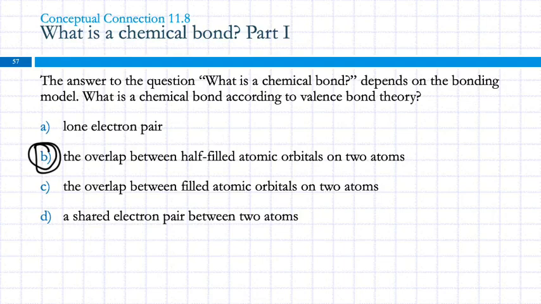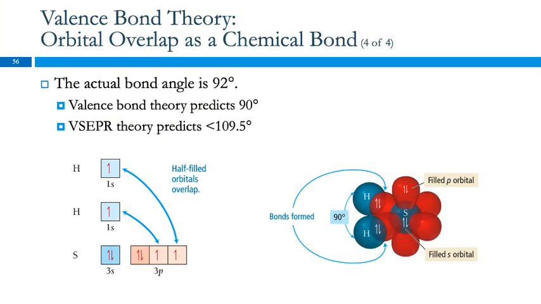The difference between B and D. Well, this is where we're talking about the overlap of half-filled orbitals. Lewis theory doesn't get as pictorial as this. It's not as visual.